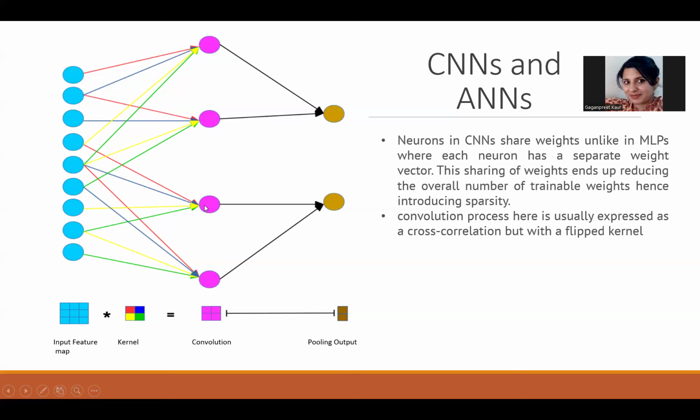So pictorially, we can just see that. So this is by feature the kernel. These rows of mapping are indicating, according to the kernel, which is there.